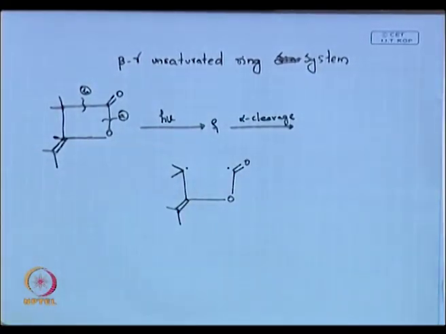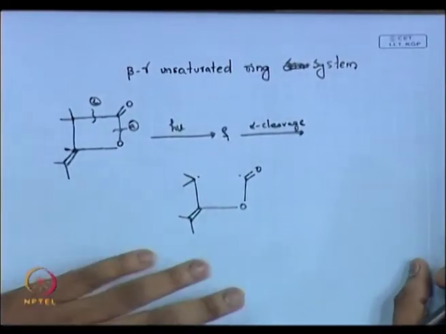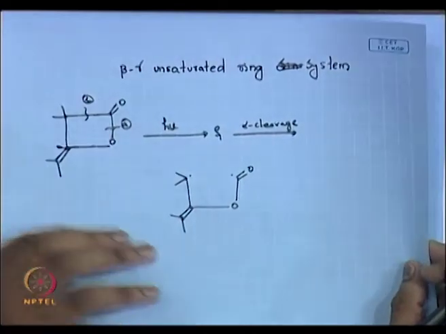We get a system like this. This is your primary process, right? Up to this it is a primary process. Now, we will see what this radical does in the secondary process.